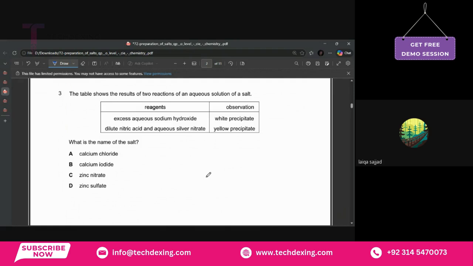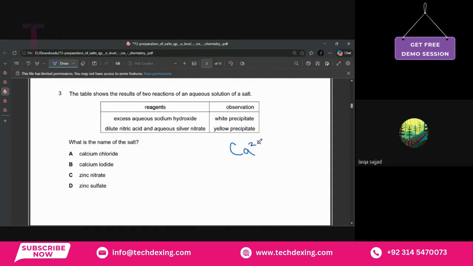Zinc hydroxide is amphoteric in nature and dissolves in excess sodium hydroxide to form a colorless solution. So the cation must be a calcium cation because we are observing a white precipitate that does not dissolve in excess sodium hydroxide.